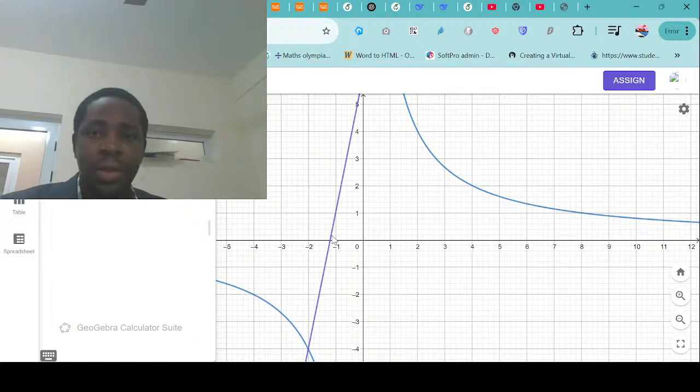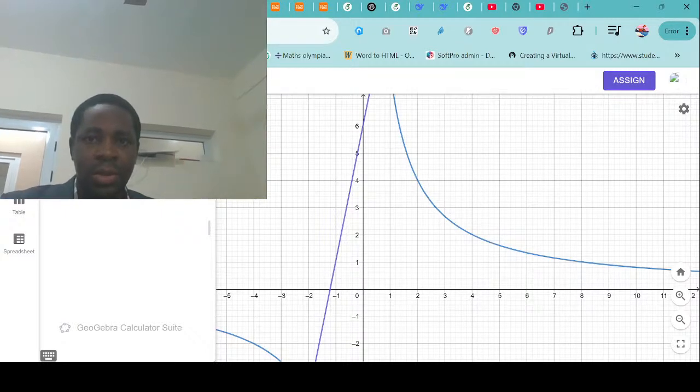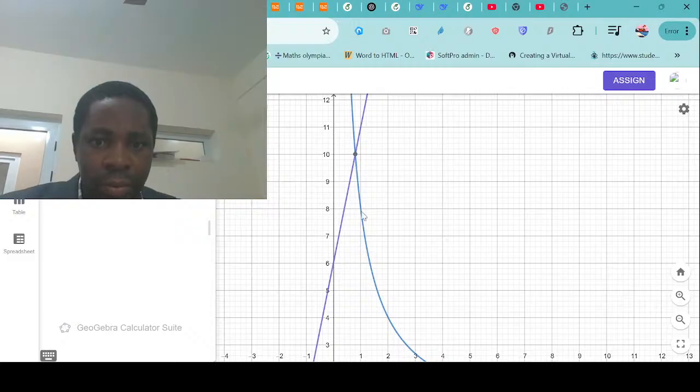I'll need to drag this a bit. There are actually two solutions, that's what it means. Let me drag it down a bit. The other solution is when x equals, I think, a bit close to 1, isn't it? Somewhere here.